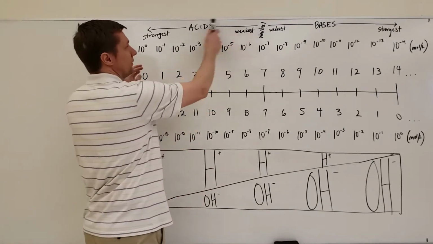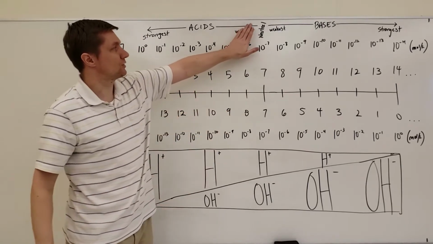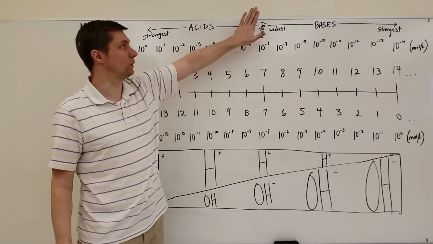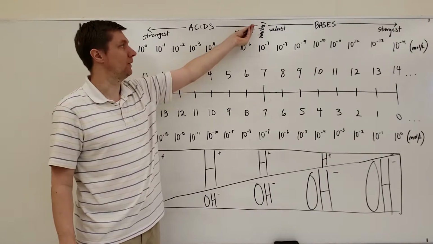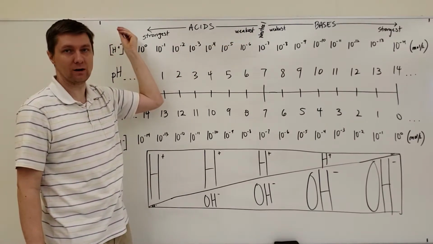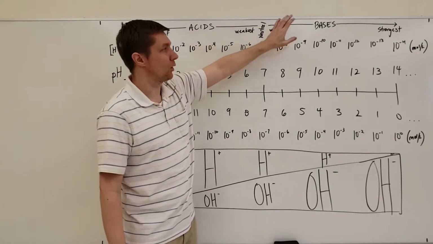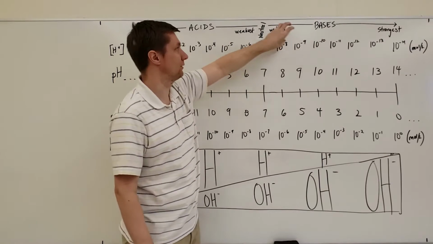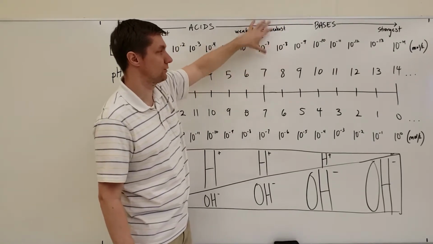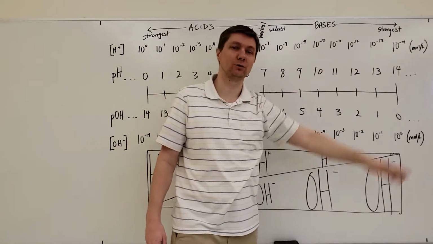What you can see up here at the top is that right here at neutral, just on this side of neutral, we have the weakest acids. And then the acid strength increases as we move out to the peripheral area of the scale. Bases are the same way in the opposite direction. The weakest bases are close here to neutral, and the strongest bases are furthest away from neutral.